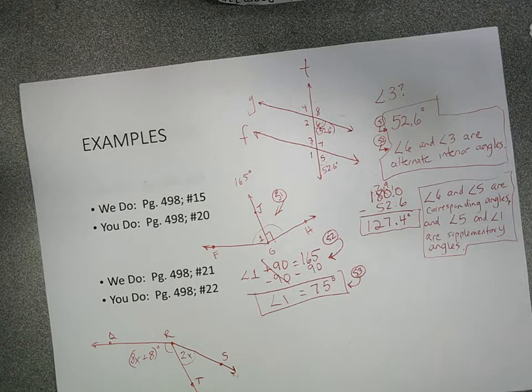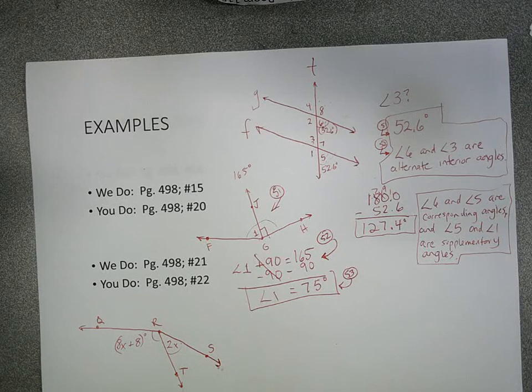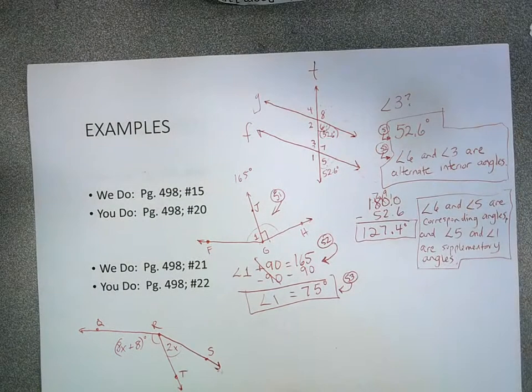Okay, so here we go. Taking a look at this, what I said up here, the first step is just take a look, see how they're related. There's nothing special about them. They're not complementary, supplementary, but that's okay.